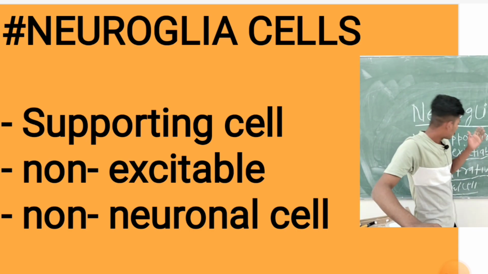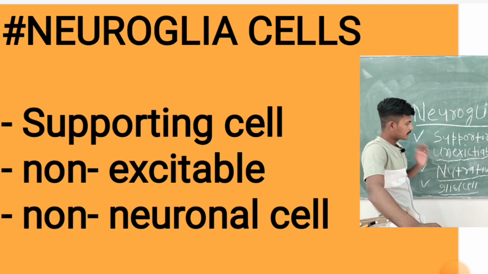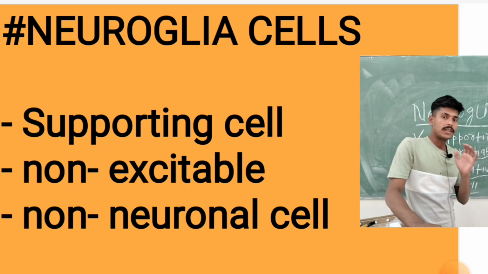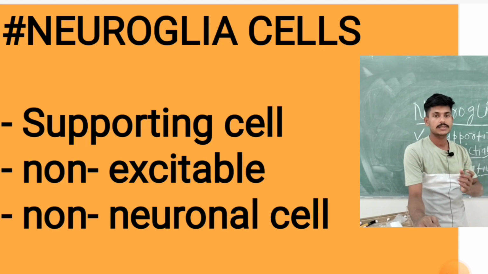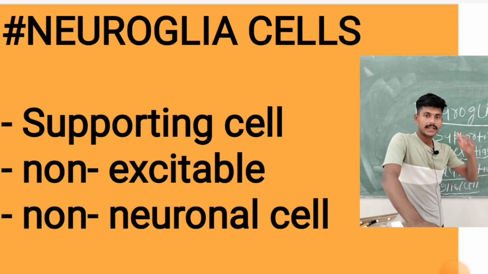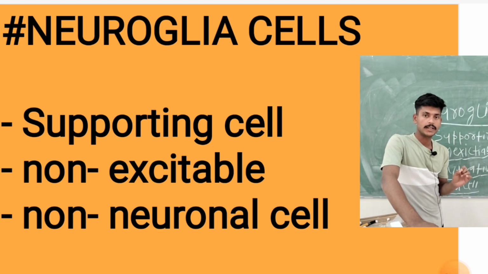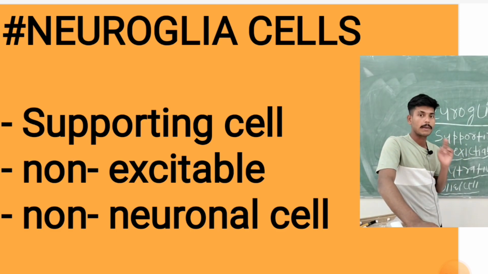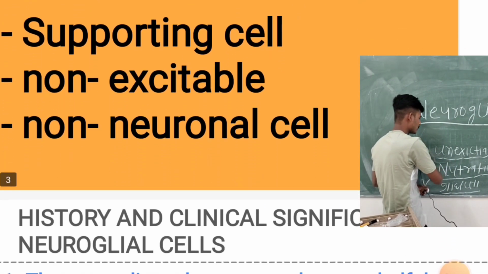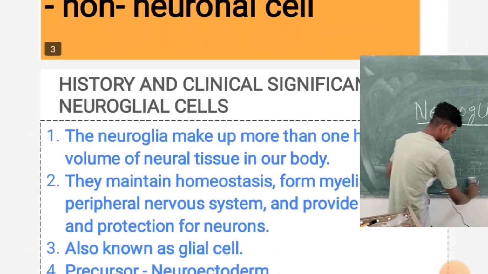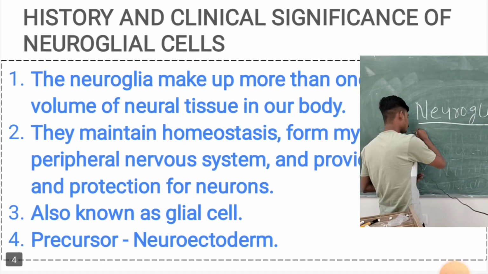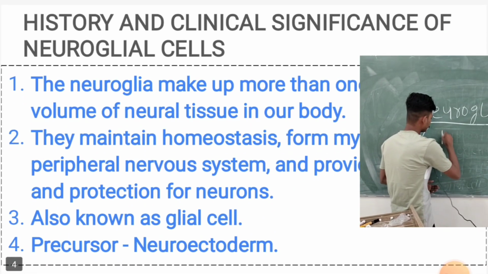See, apart from being supporting cells, non-excitable nutritive cells, also known as glial cells, these cells perform so many functions, but myelination is one of the functions, which helps the neurons make their electrical propagation accurate and correct. Clear? If anyone asks what is the function of neuroglial cells, then we must say the neuroglial cells help in myelination, or we can say by the help of neuroglial cells myelination is occurring.